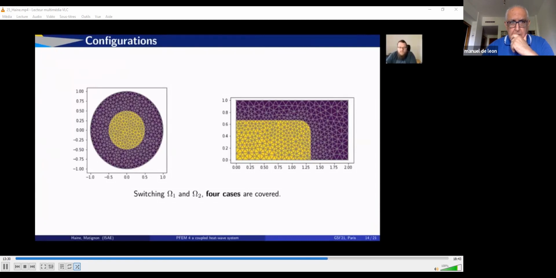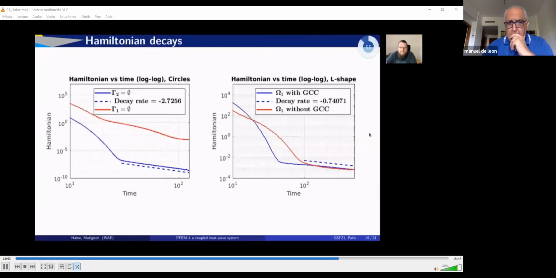In the first part, we are in the case where the interface is inside the whole domain, and we will look at either the heat equation on the outside and the wave inside, and the other way around. And in this L-shaped case, either the heat equation is on the L, or the wave is on the L. So we have the four cases mentioned at the beginning of the presentation. We obtain this kind of Hamiltonian versus time, so in log-log scale.